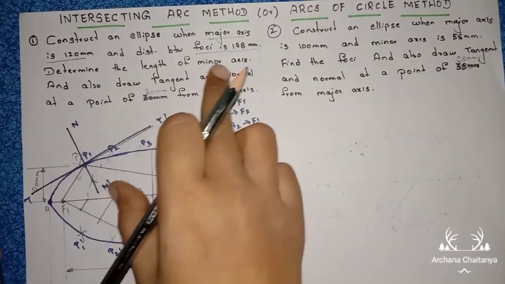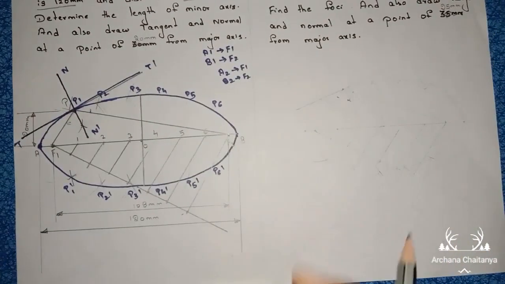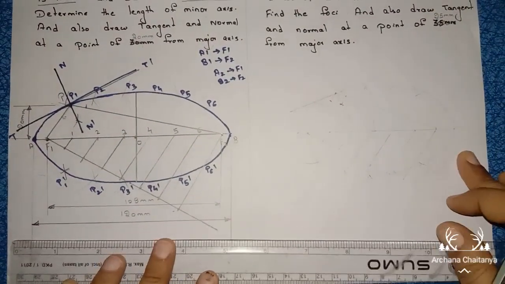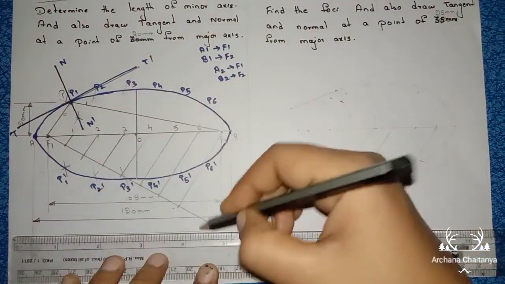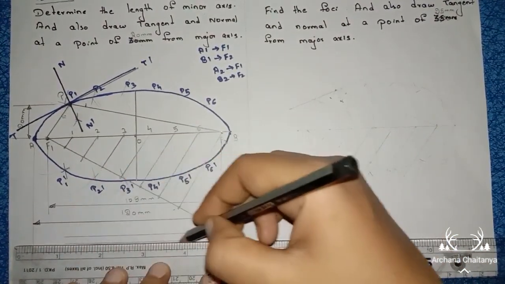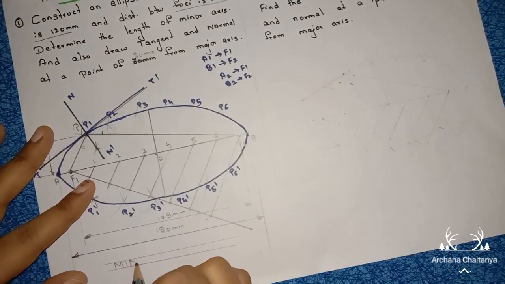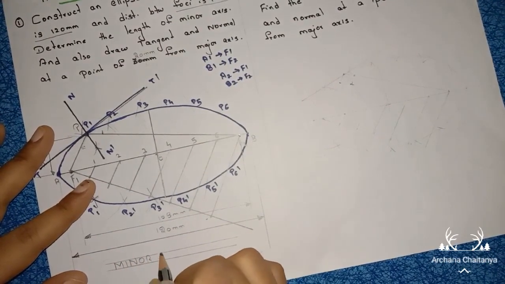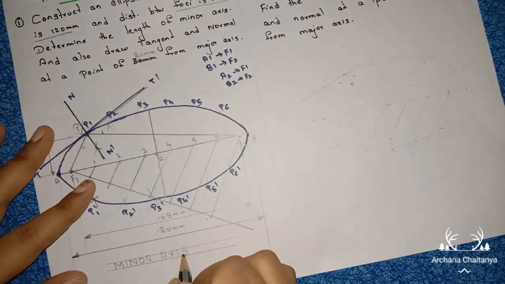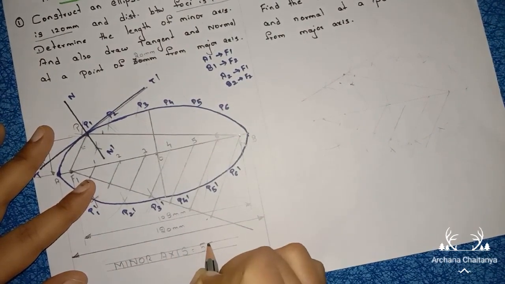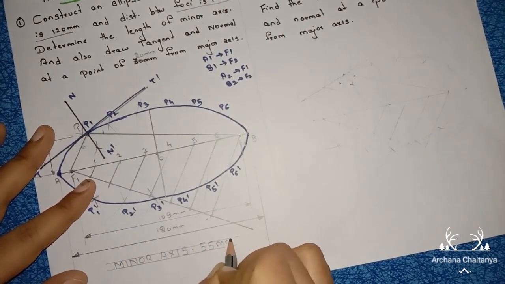Right, determine the length of minor axis. After completion of your diagram, take height 5 mm. And you have to write here minor axis is equal to 55 mm. Measure that one and write.